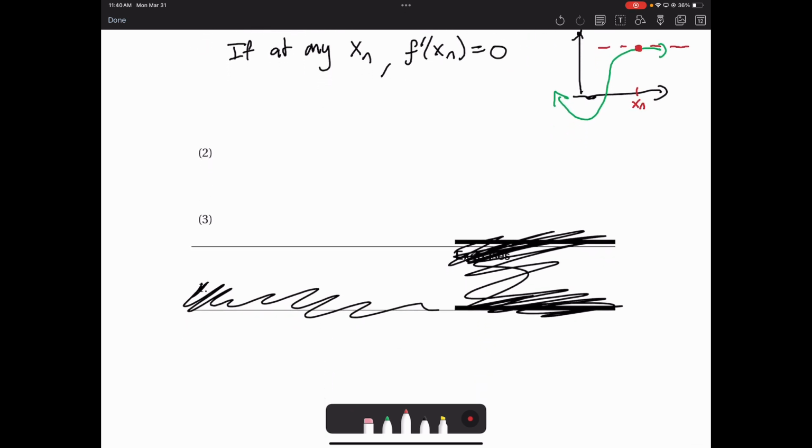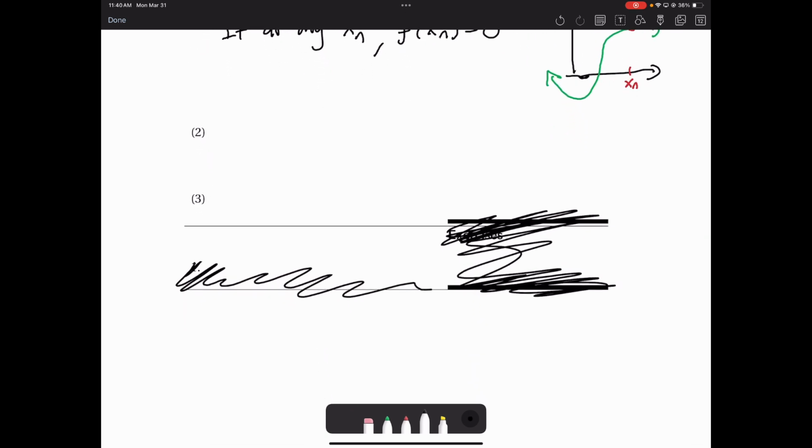Second issue. The approximations may approach a different root.